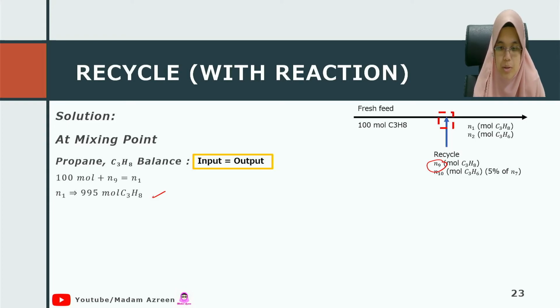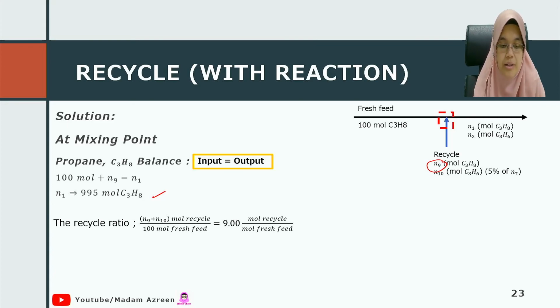Once you get this, you can determine your recycle ratio, meaning the total mole of recycle over the mole of fresh feed. So you have N9 and N10, and you have 100 mole of fresh feed, so you get this number.